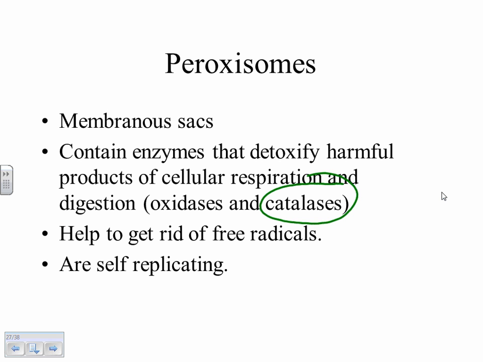They also help to rid our bodies of free radicals, which we'll get to later in terms of what those are. But I just want to make note, help to get rid of free radicals. Well, I'll explain to you a little bit later what a free radical is.